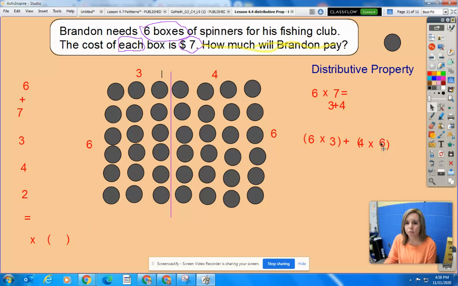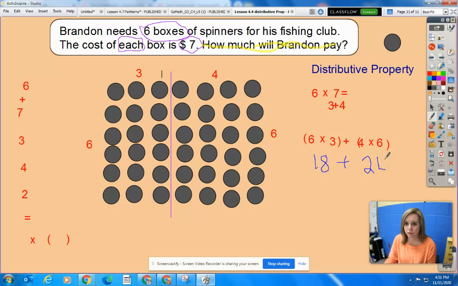Alright, now I'm going down a little bit here. Now I'm ready to solve what's inside these parentheses, okay? So now I'm going to say 6 times 3 is 18, plus 4 times 6 is 24.